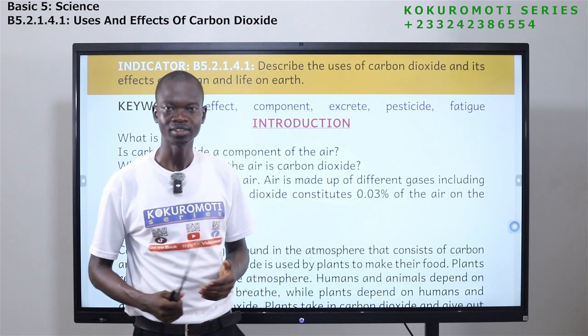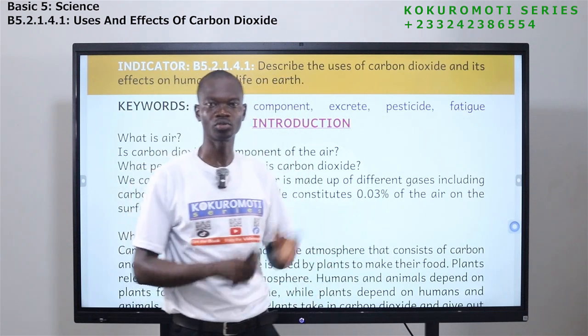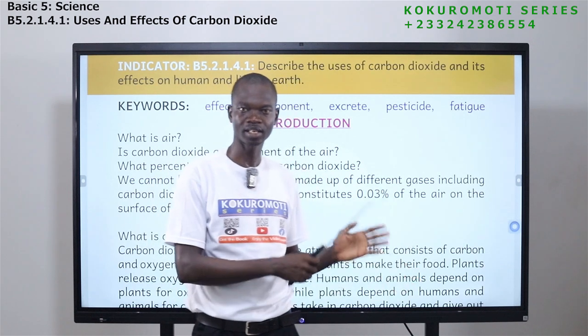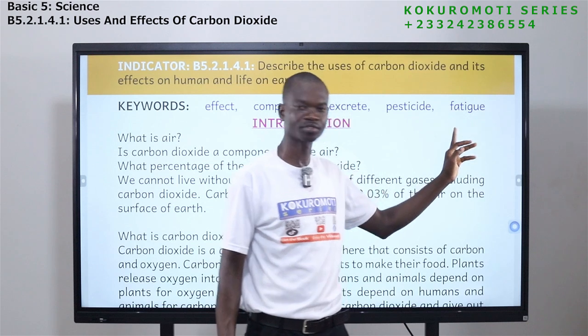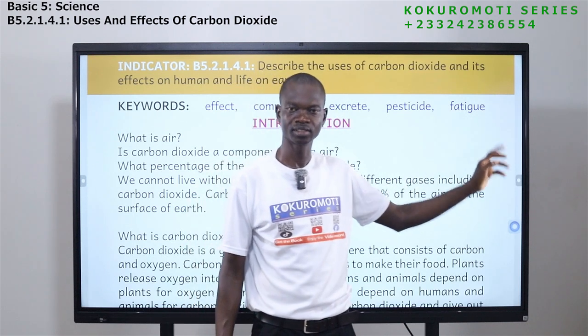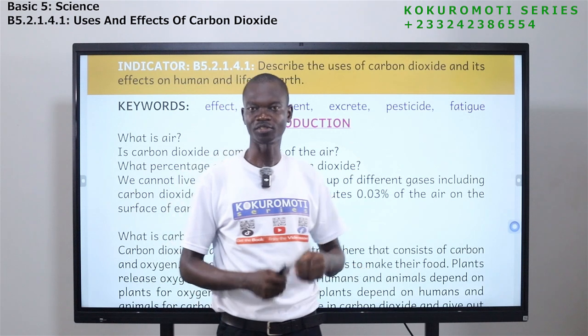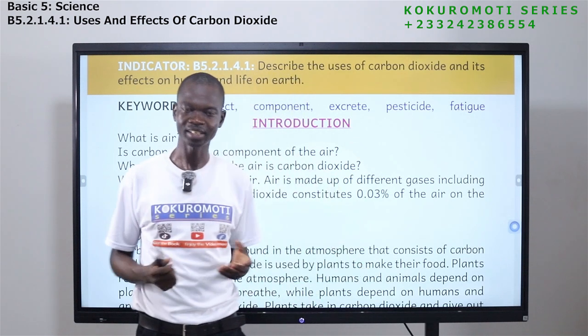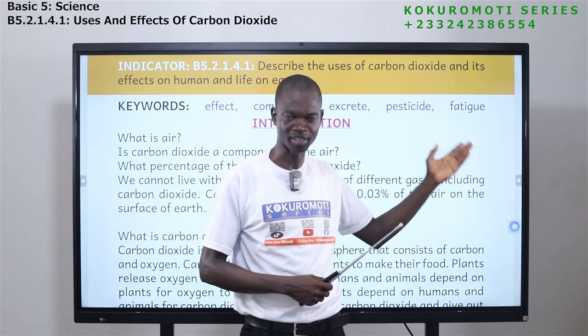A pesticide is a chemical used to kill pests. And we have fatigue. Fatigue refers to tiredness. If you are too tired that you can't work again, it can also describe you with this word, fatigue.